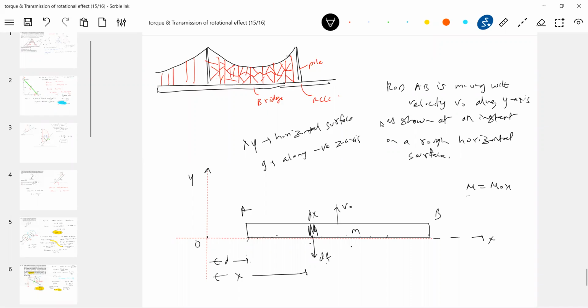Able to understand the question? So sorry, this is the ZX plane. The X minus Z is the horizontal surface. g is acting along the negative Y axis. And the friction will act along the positive Z axis.